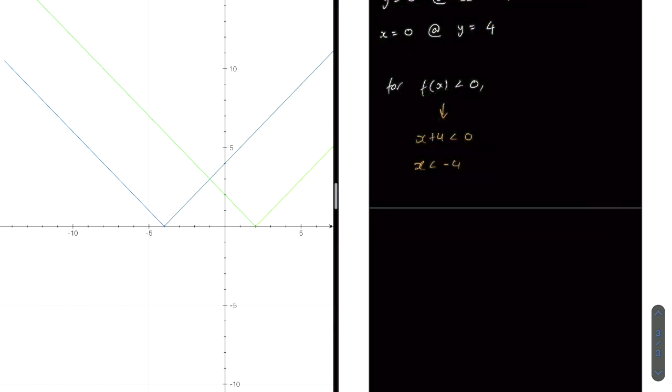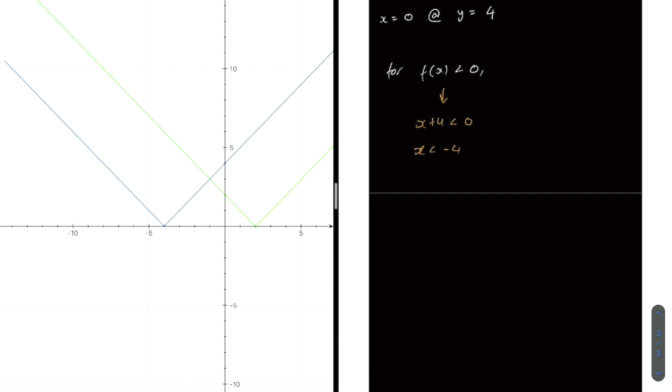So what can we say here? Well, for f of x smaller than 0, we can say that the absolute value of f of x is equal to negative f of x. So what does this imply?